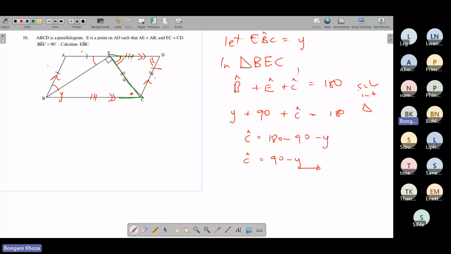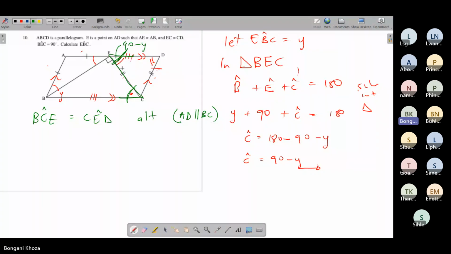Right, so that means this angle and that angle are equal, and those would be alternating angles. So we'll say angle BCE equals angle CED, and those are alternating angles because AD is parallel to BC. So that means this angle as well is also 90 minus Y.